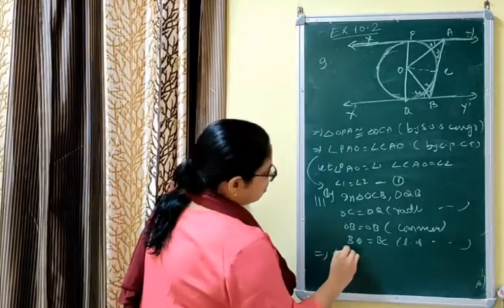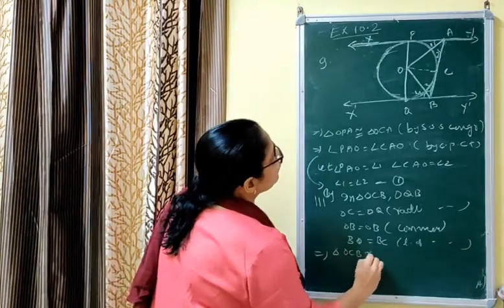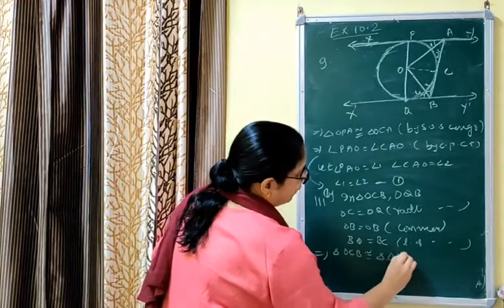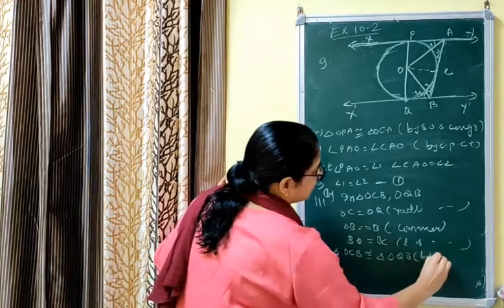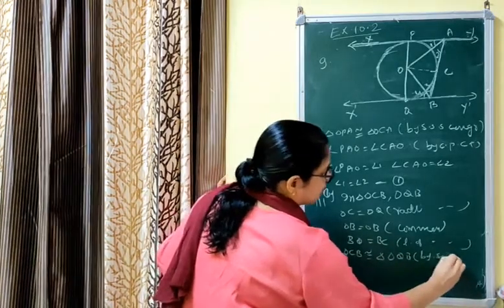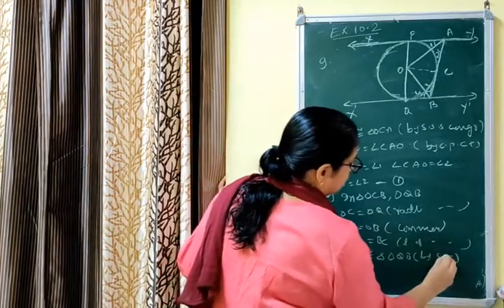Implies triangle OCB is congruent to triangle OQB by SSS congruence.